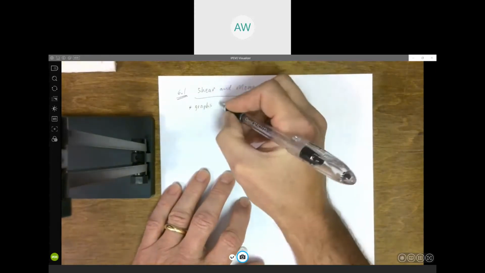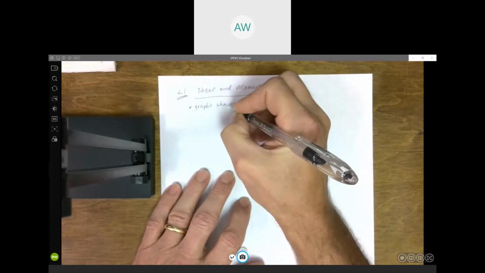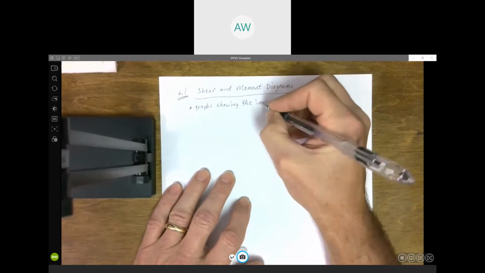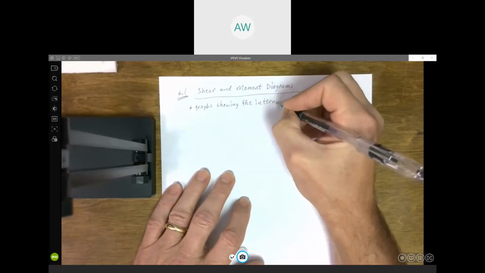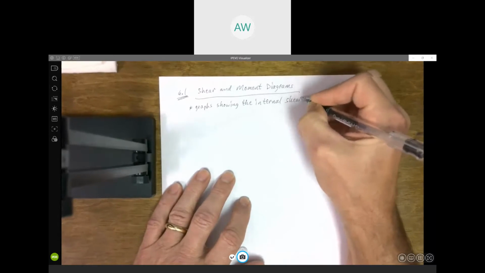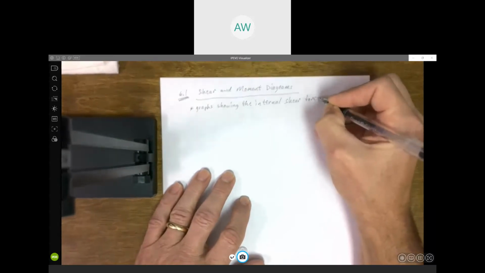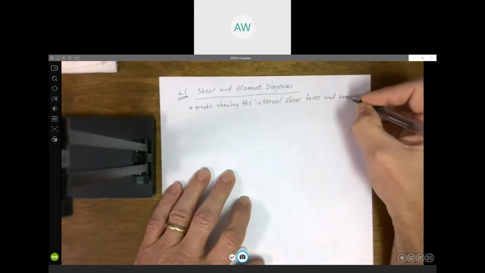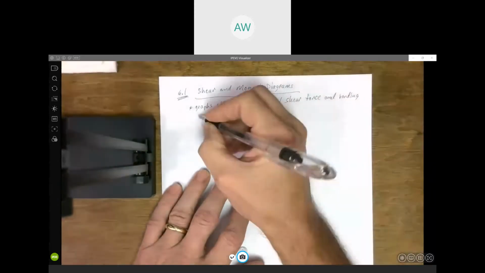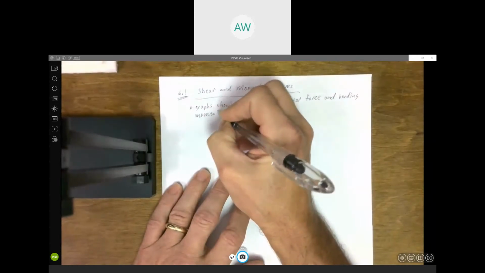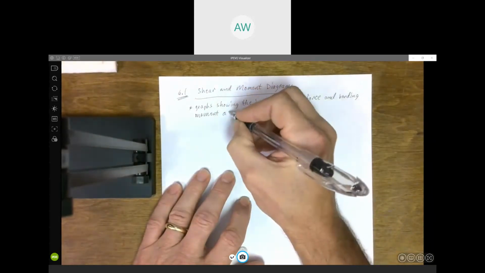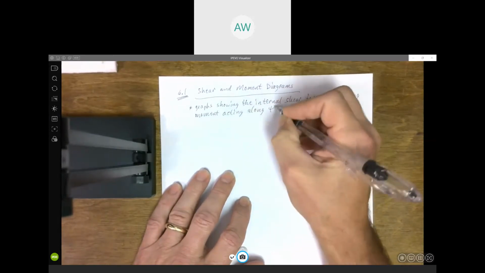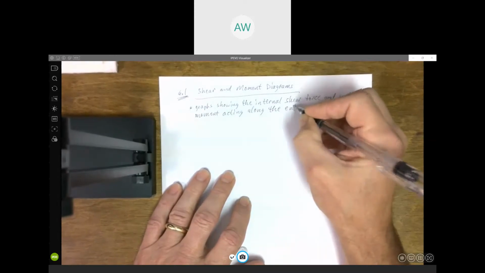So two graphs showing the internal shear force and bending moment acting along the entire length of the beam.